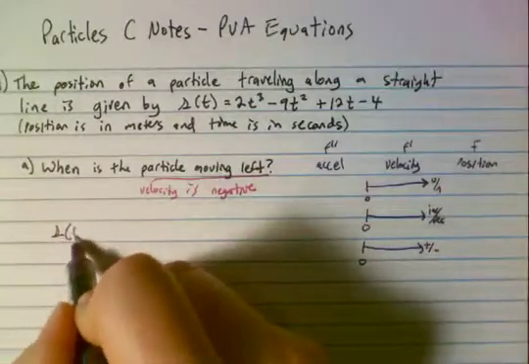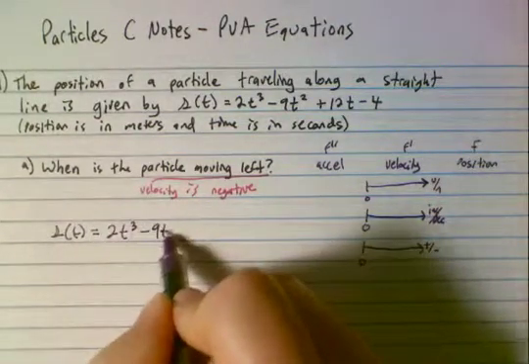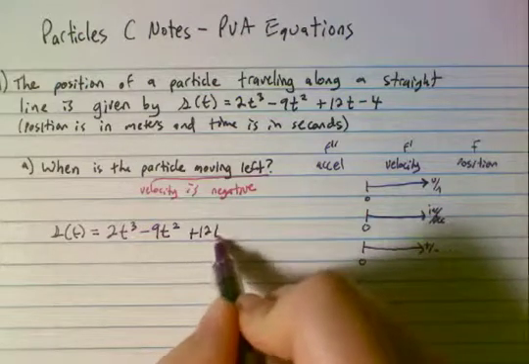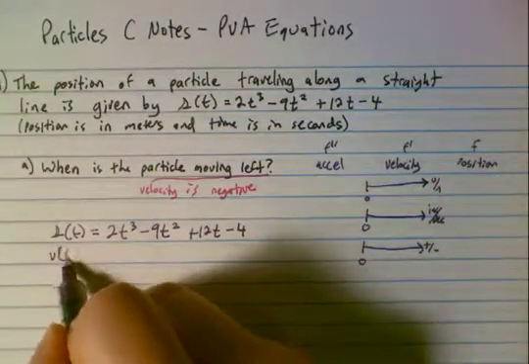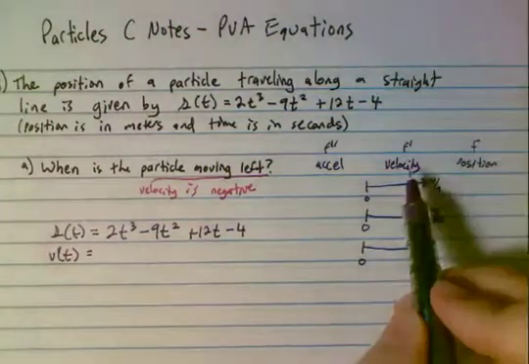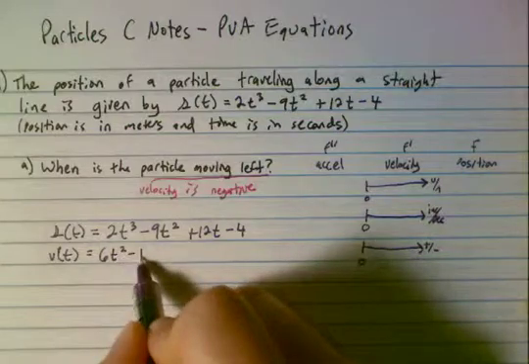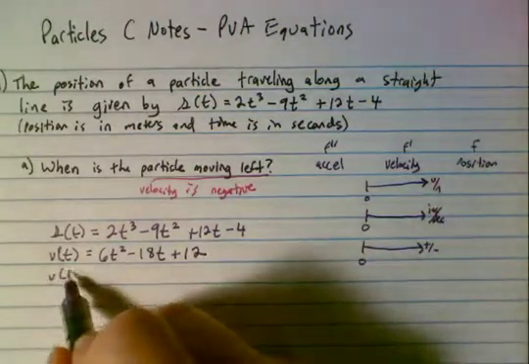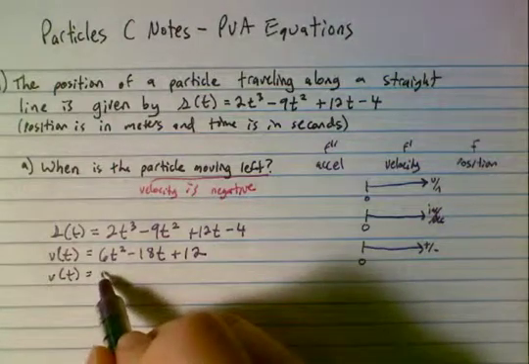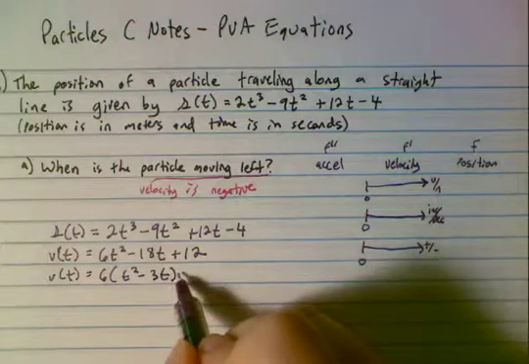So starting with this, s of t, we take the derivative, because the derivative of position is velocity. Go ahead, do our sign chart.